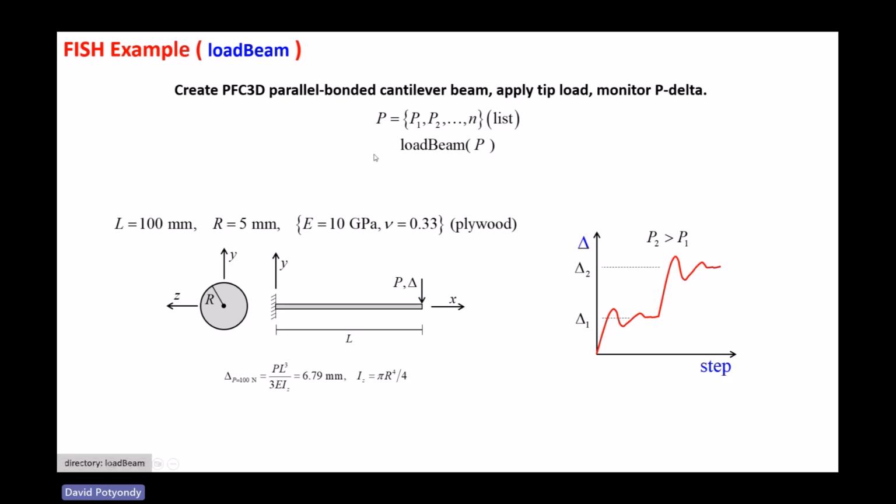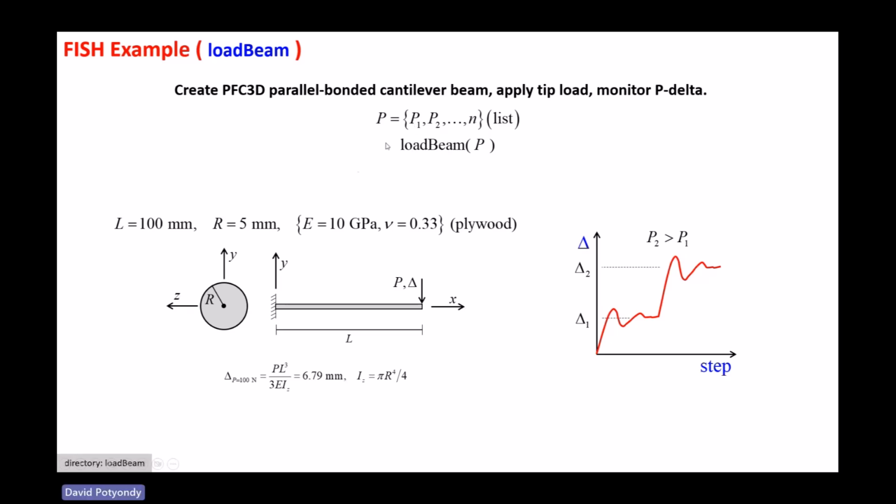We need to write a function that we're going to call load beam, and it's going to take one parameter, which is the value of P, but P is going to be a sophisticated thing. This parameter P is actually going to be a list of n values.